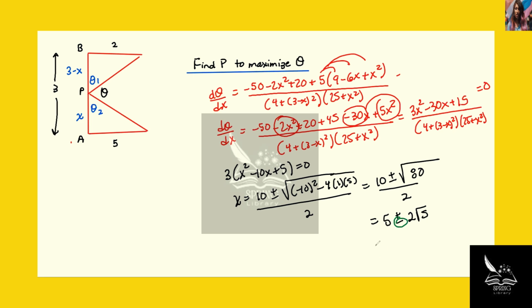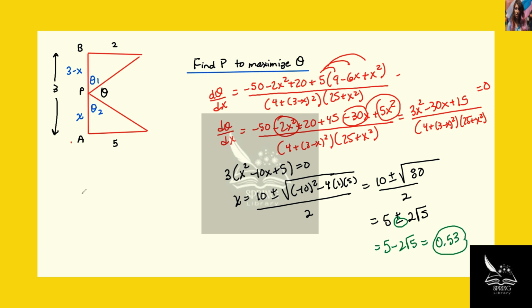If I choose 5 minus 2 root 5 and plug in the calculator, I get 0.53. Woo, okay, so we have found that our possible max theta is at 0.53.